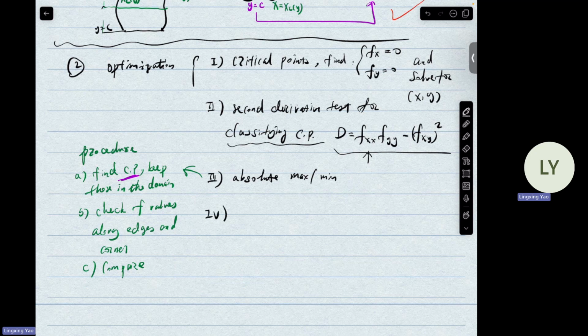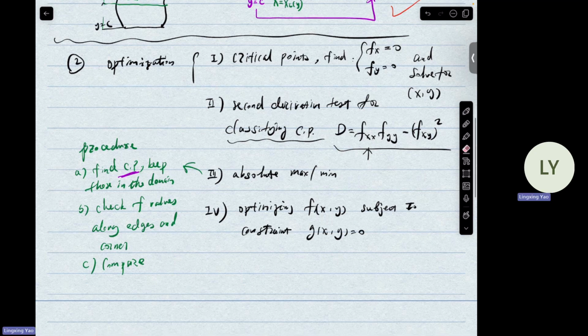And there is one more tricky question, which is optimizing f of x y, for example, subject to constraint g of x y equals 0.